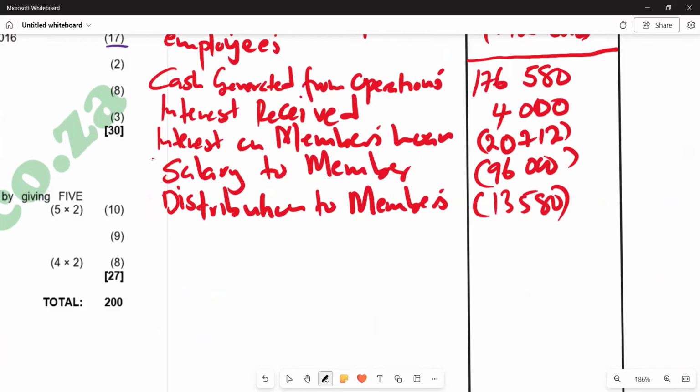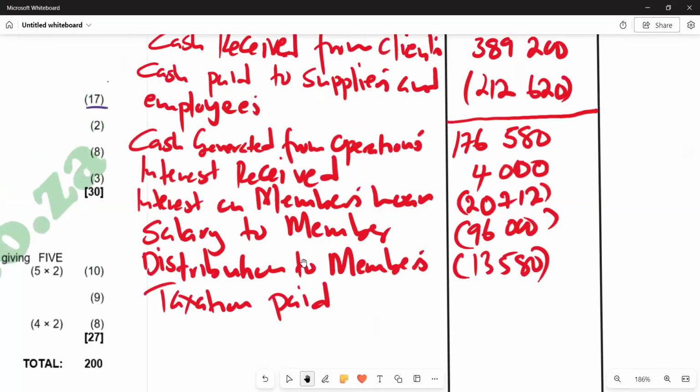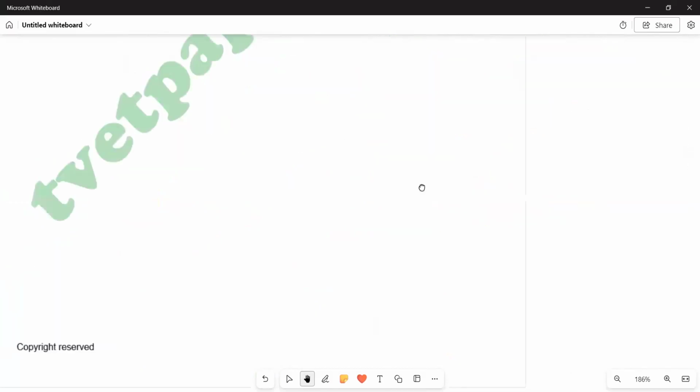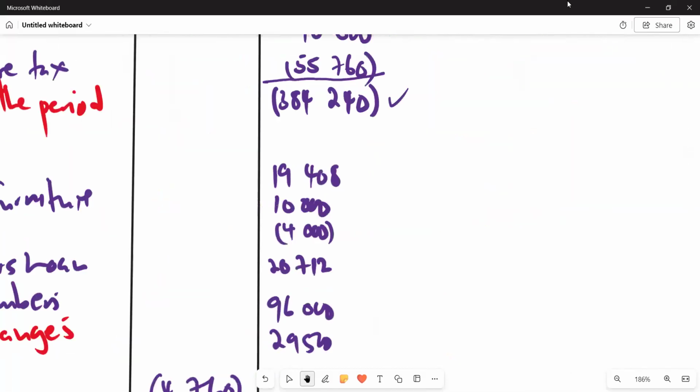Then we also have the issue of taxation. Taxation paid. So remember, on the issue of taxation, in the notes we also prepared a note for taxation, so we can go back again to see the actual figure we have for taxation.